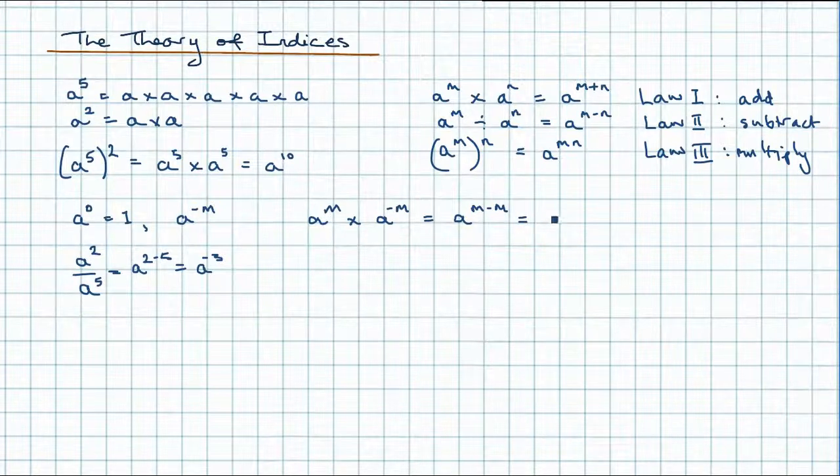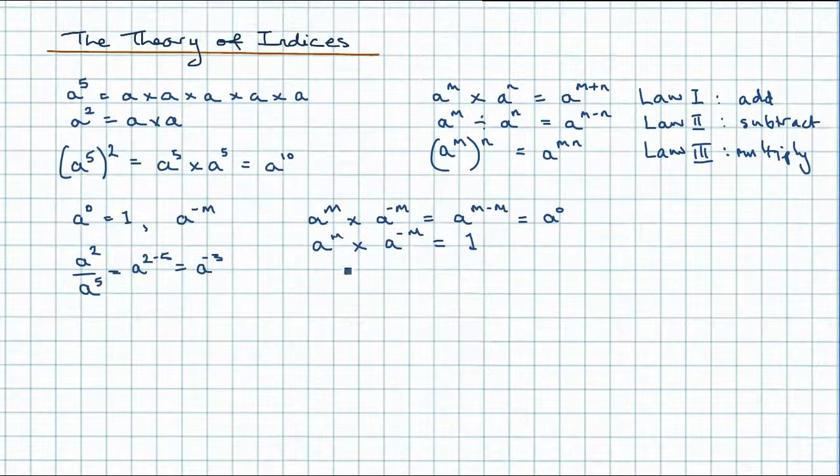Well, a to the power m minus m, as we've seen, is 0. So it means that a to the power m times a to the power minus m must equal 1. Let's write that out again: a to the power m times a to the power minus m equals 1. There we go. Must equal 1.